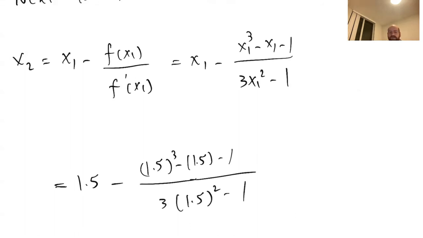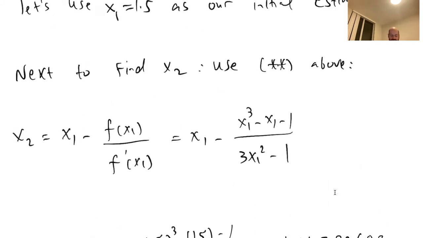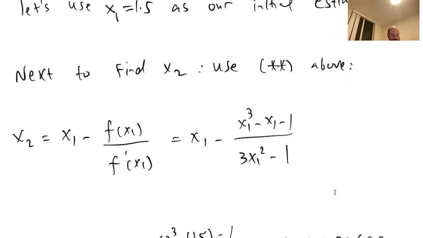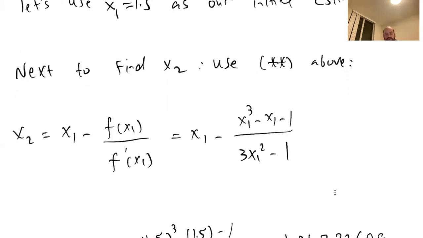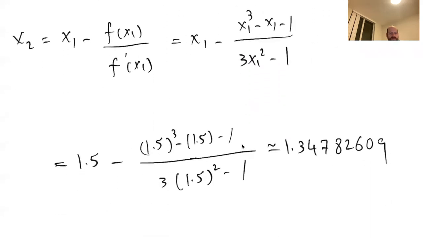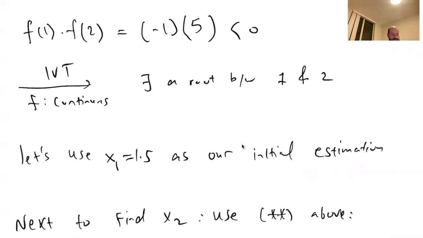If we do the calculation here, we will get 1.3478269. f of x was given to us in the question, and f prime of x will be, of course, 3x squared minus 1. Here we need f of x1 divided by f prime of x1, and x1 was 1.5. We replaced x1 with 1.5, and this is the number we got.